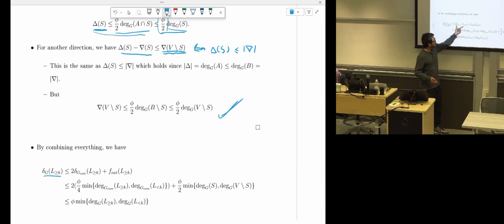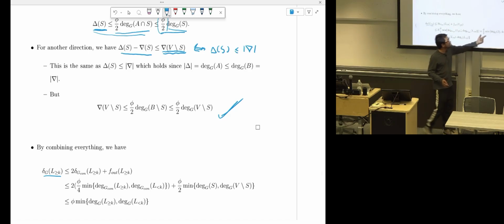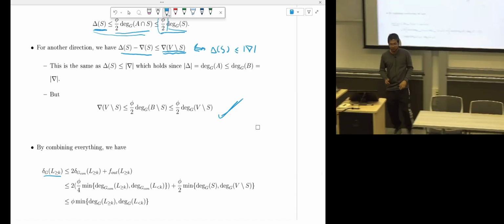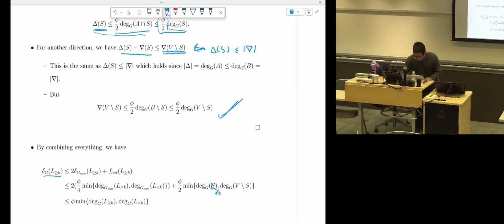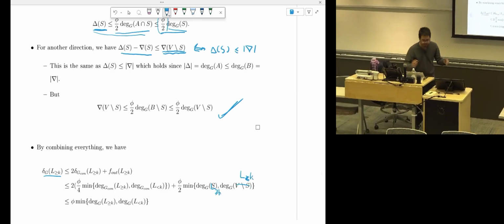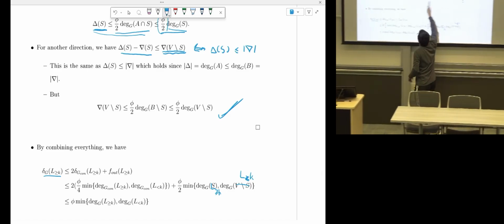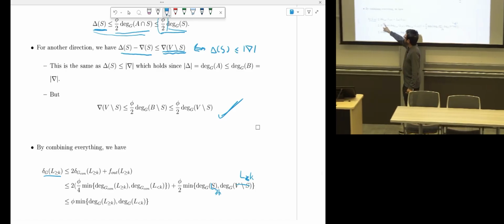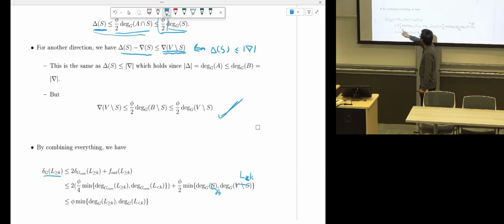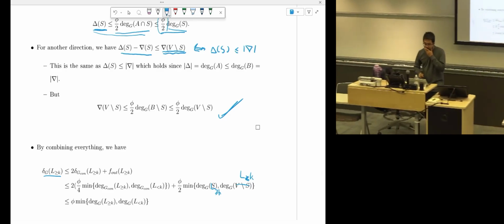This part is even sparse in Gcon, which is a subgraph of G. And this part, we just showed, is at most this, for L at least K and L less than K, by what we just proved. So this is phi over 4 times 2 plus phi over 2. So that's phi, and we're done.